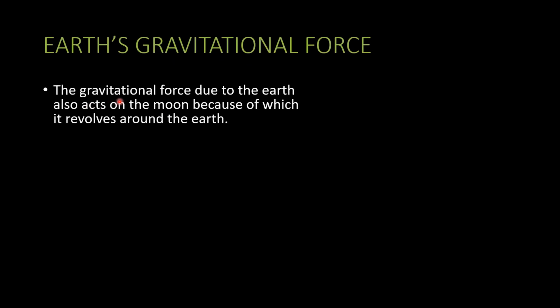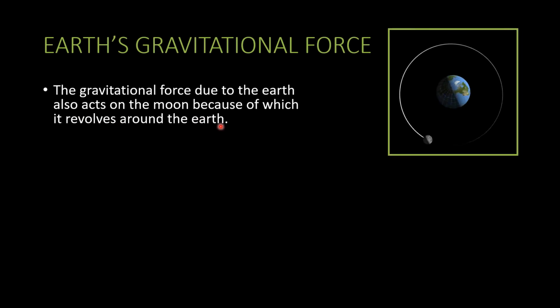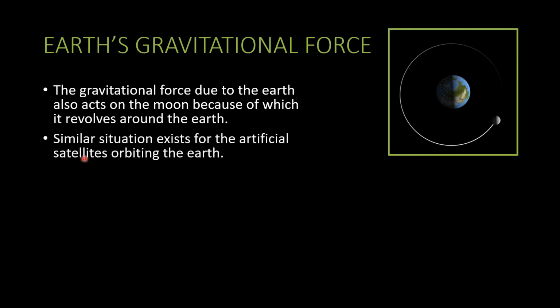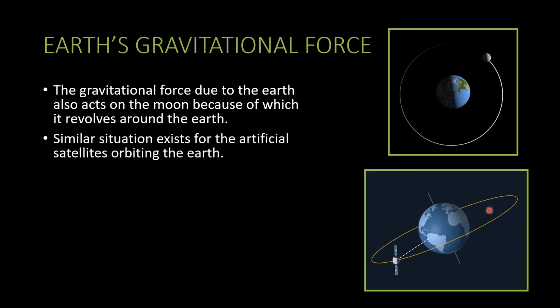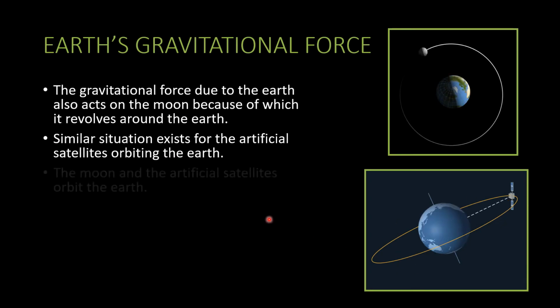Our earth's gravitational force is the reason the moon also revolves around the earth. We know gravitational force acts on the moon. Not only the moon, it acts on the artificial satellites that are orbiting the earth.